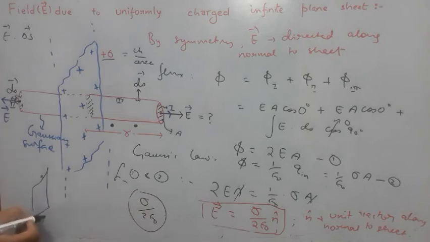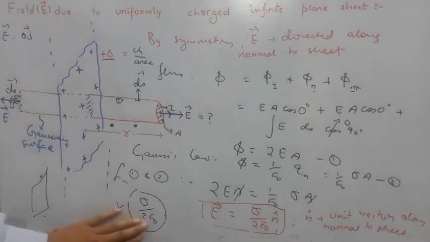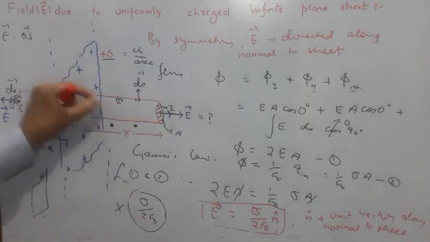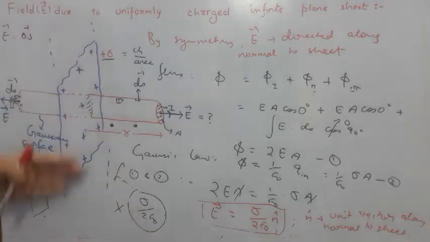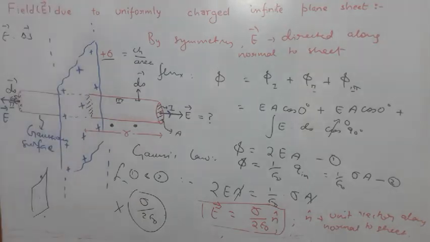Near its edges, this formula will not be true. Remember, this formula will be valid only for such points with respect to which the sheet of charge can be considered to be very, very large. So this is about the electric field due to a uniformly charged infinite plane sheet.